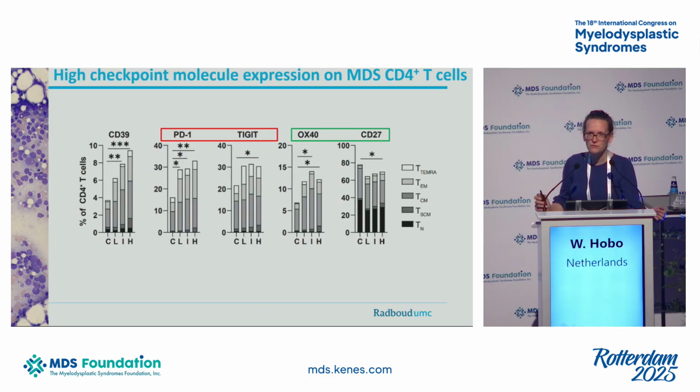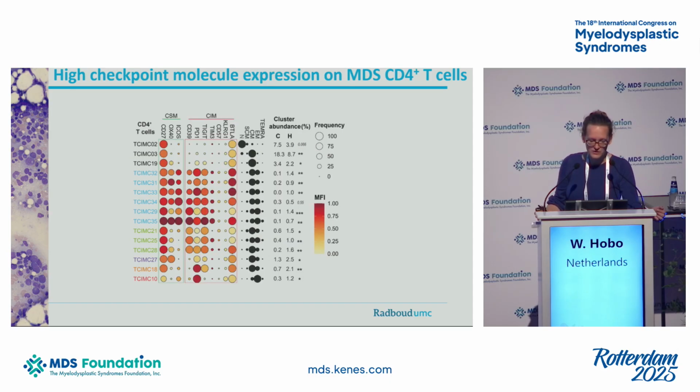And very shortly, for the CD4 T helper cells, we observed similar patterns. So also increased expression of checkpoint molecules, partly related to their memory differentiation state, but still reduced abundance of the more early memory T cells or naive T cells, and more increased abundance of the effector memory T cells with high expression of the checkpoint molecules.